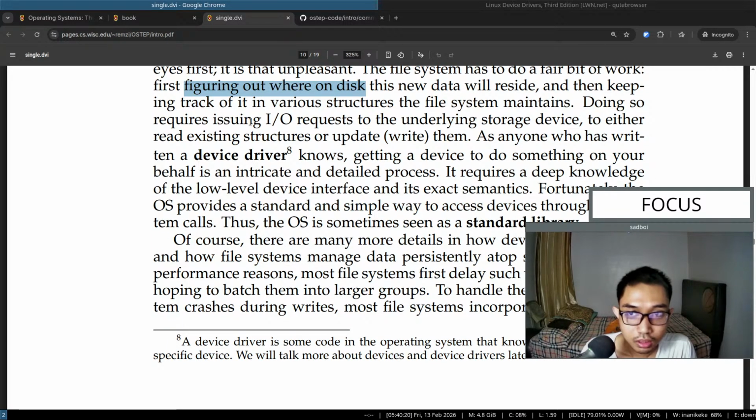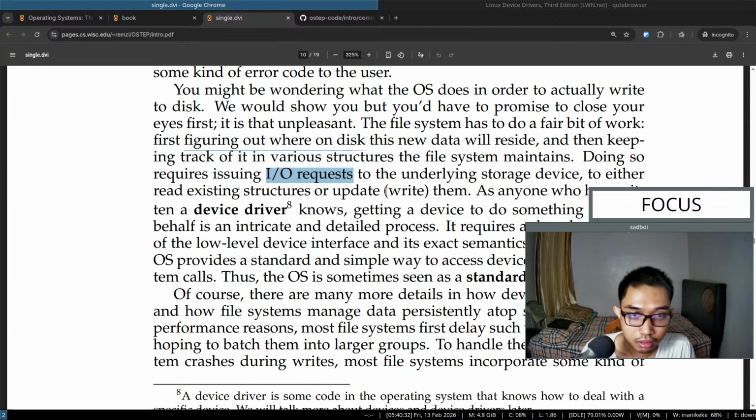Doing so requires issuing input-output requests to the underlying storage device to either read existing structures or update or write them.